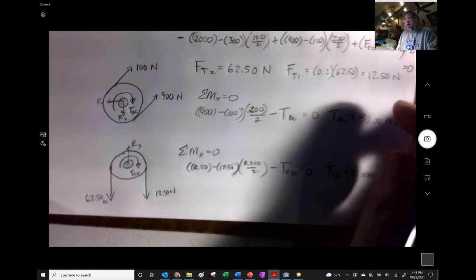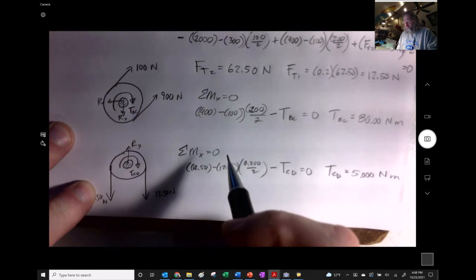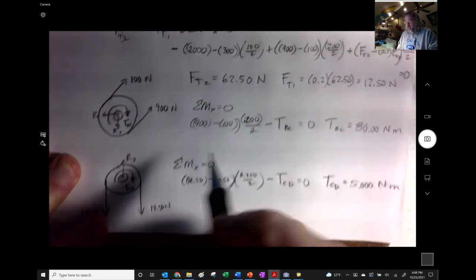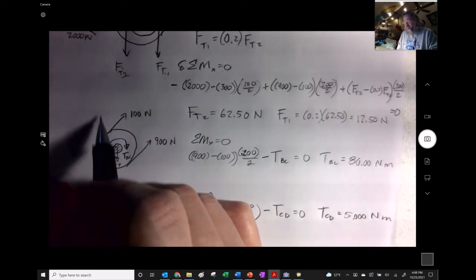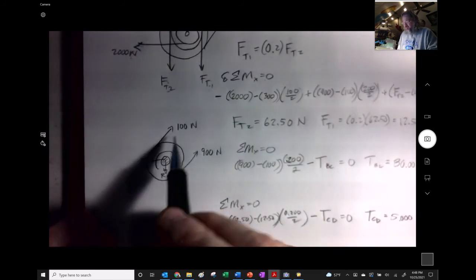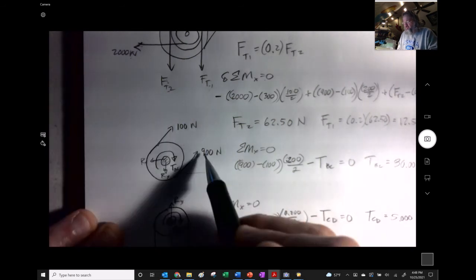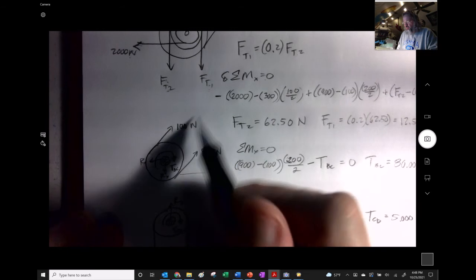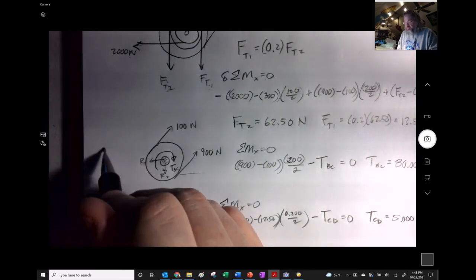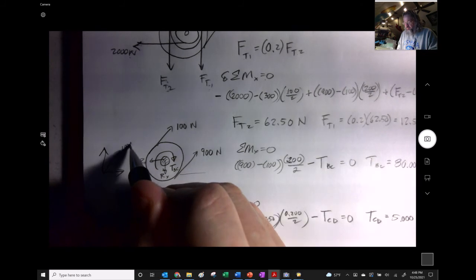Something I might also need when I'm going to get my reaction forces at the bearings is the vertical and horizontal components of this piece right here at 45 degrees. They're going to be equal to each other, but you see that we have 1,000 total going in that direction.